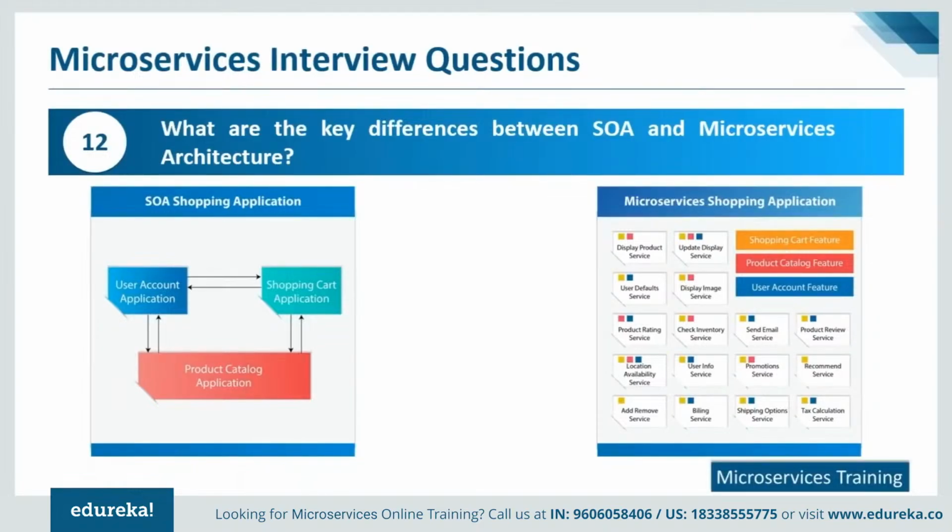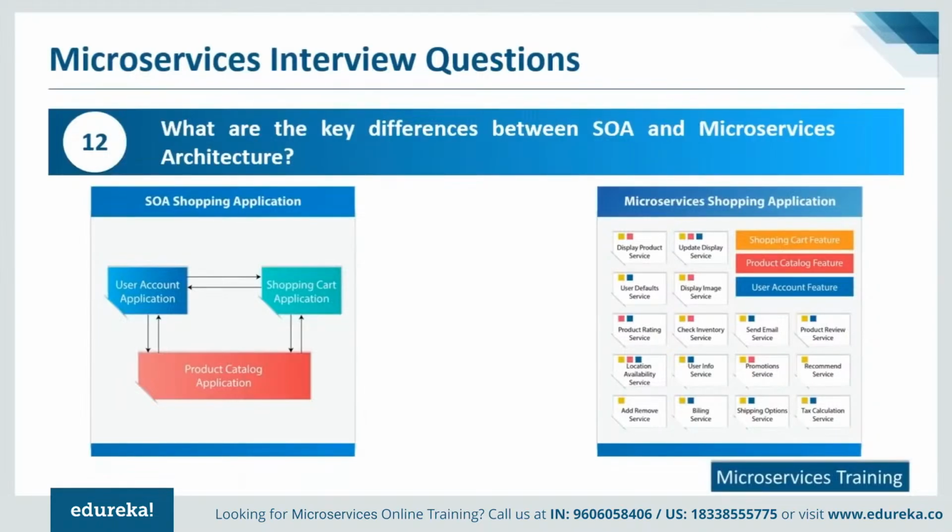Apart from that, as I've mentioned, you have modular applications in SOA, but there are still a lot of interdependencies. That is not the case with microservices, basically. The other thing is, when you talk about intercommunication between services in SOA, you need a middleware for communication. But microservices are completely independent and you do not need a middleware. They directly communicate through REST APIs.